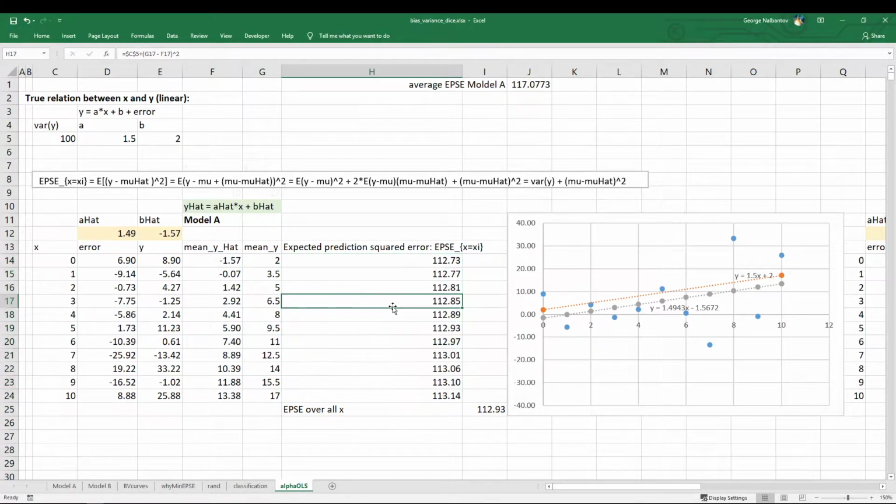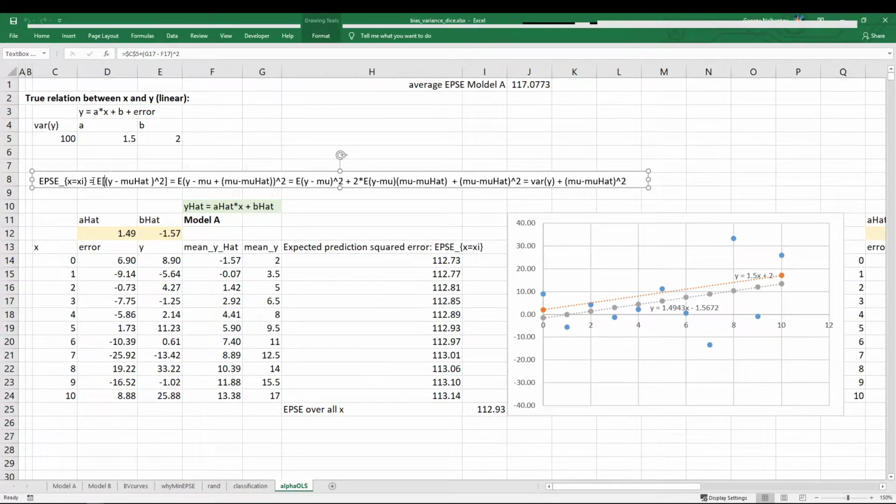So how do we calculate this expected error? Variance of y plus the difference between prediction and truth. It comes from here. So at each point x, our expected prediction squared error for the future, so for x equals 6, for example, is y minus mu hat, our estimate, squared.